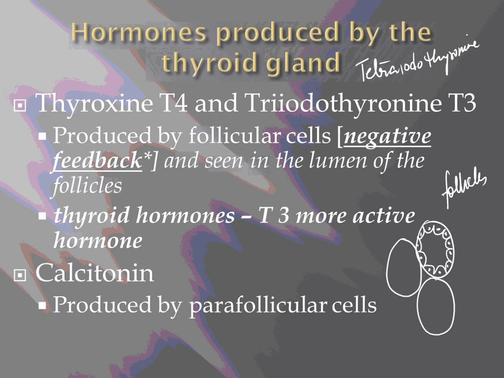And these are blood vessels up here. So this is a blood vessel, and iodine is present in the blood vessel. This iodine is trapped by these follicular cells and then taken into the lumen of the follicle.